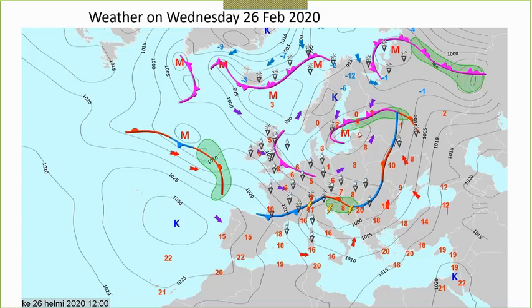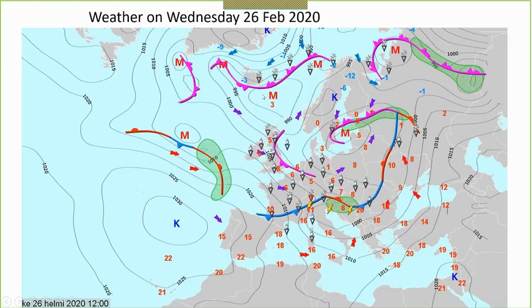We also have a really large low pressure area here in northern Europe and in parts of Middle Europe also, but here in Scandinavia we have this really weak and small high pressure area in the middle of all the surrounding low pressures.